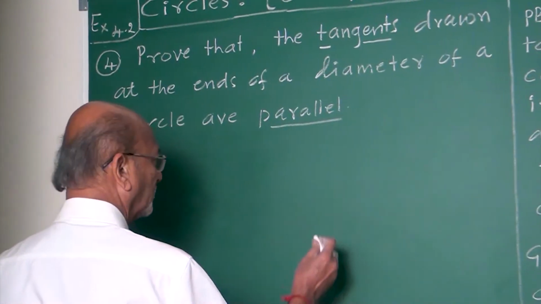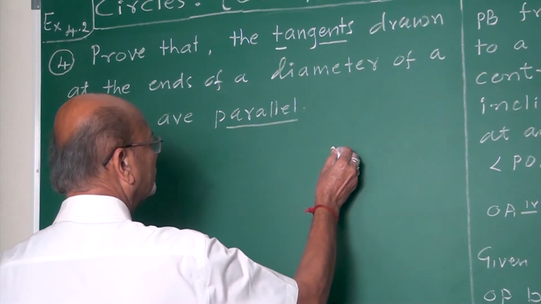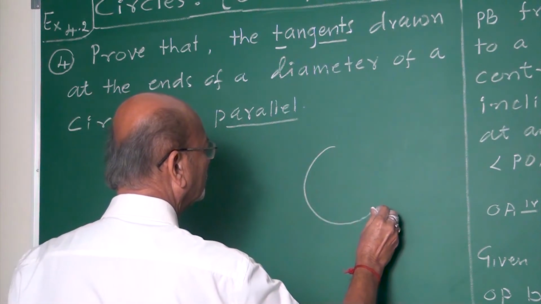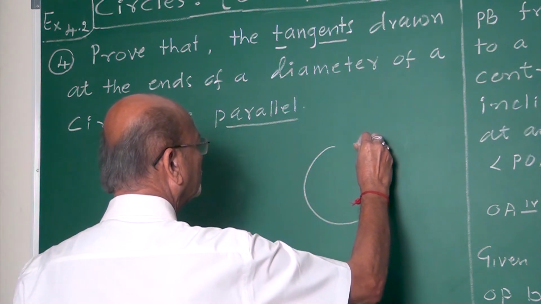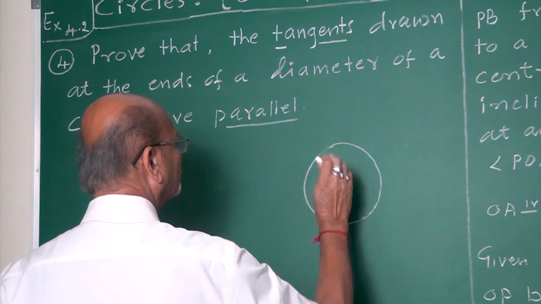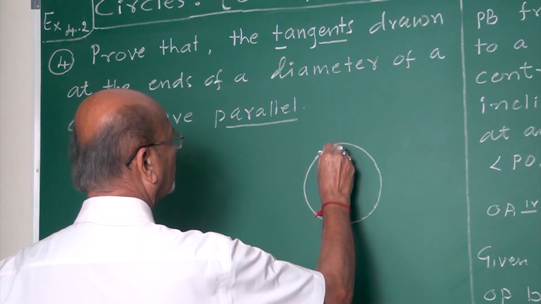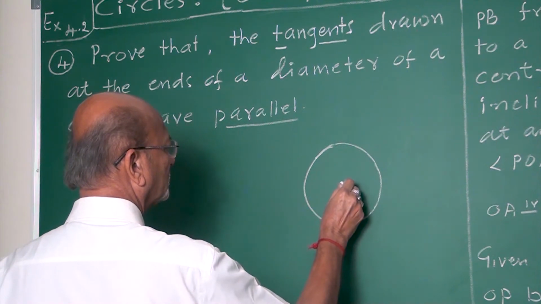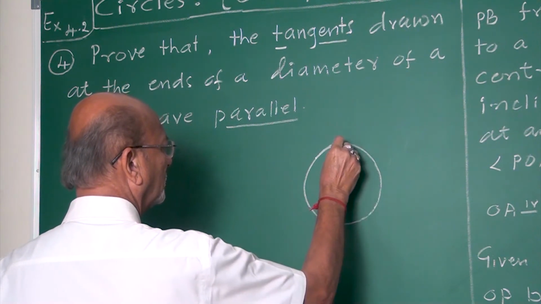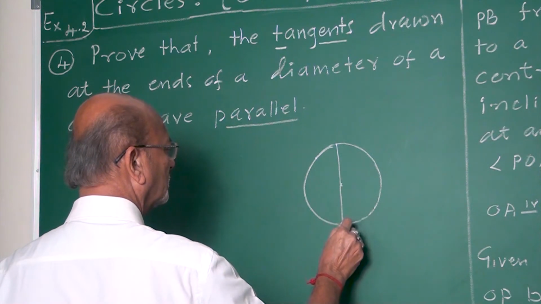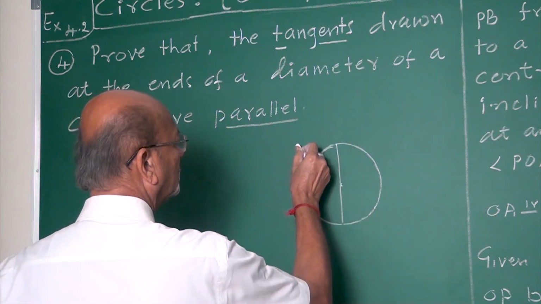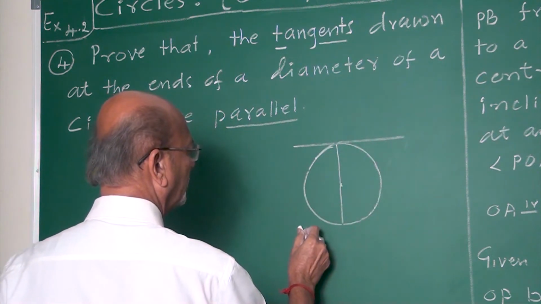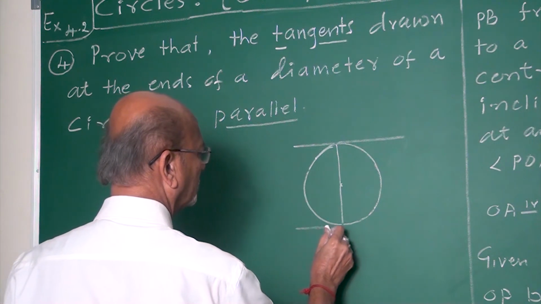This is the circle. This is the diameter, with center O. This is the diameter of the circle. This is one tangent at one end of the diameter, and a tangent at the other end of the diameter.